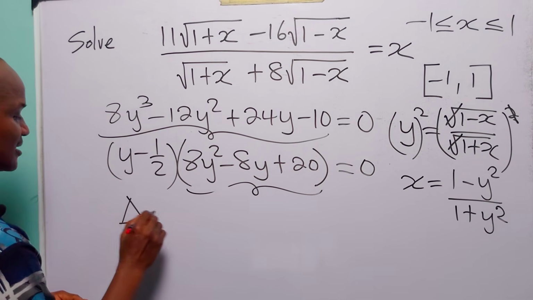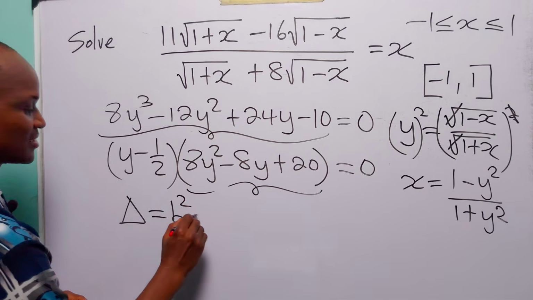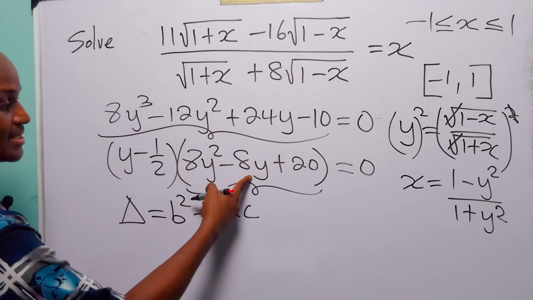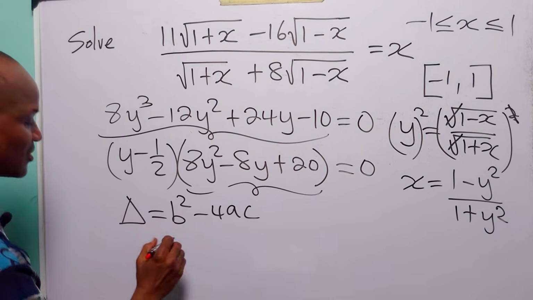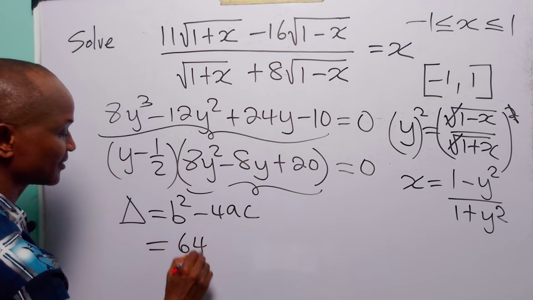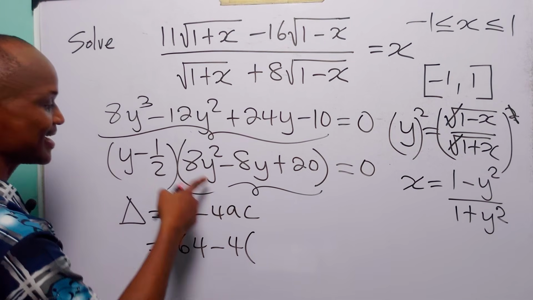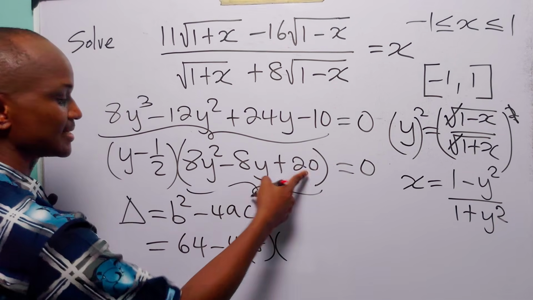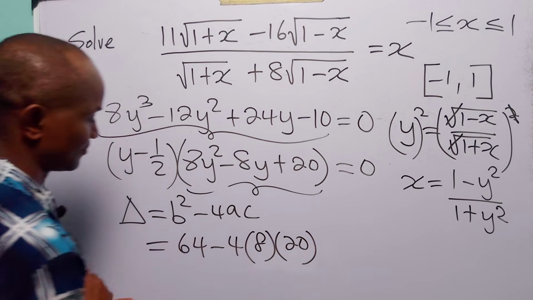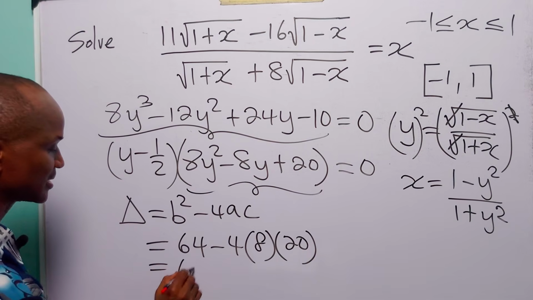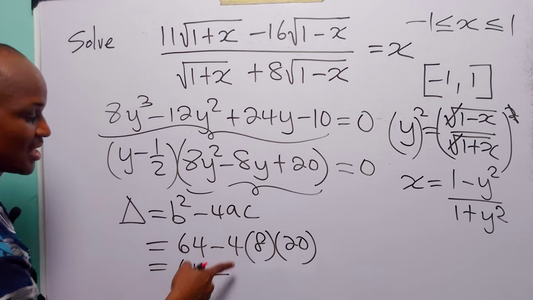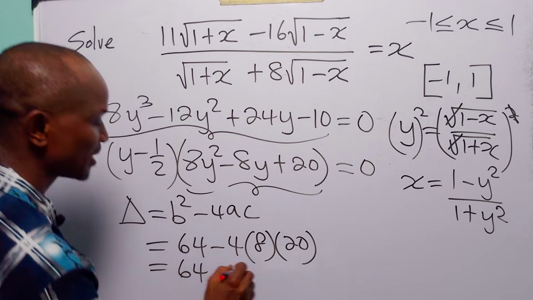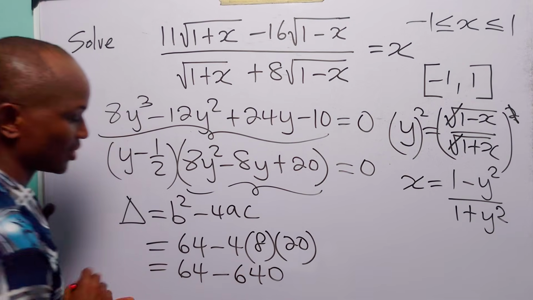Of course, you know that the discriminant is equal to b squared minus 4ac. b is minus 8, so minus 8 squared is 64. a is 8 and c is 20. Now we have 64 minus 4 times 8 is 32, times 20, that is 640.